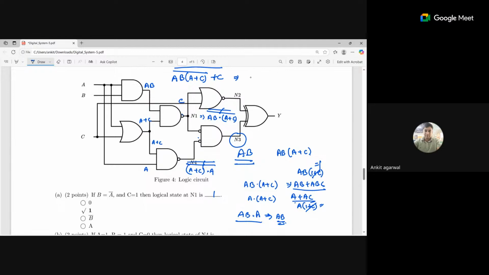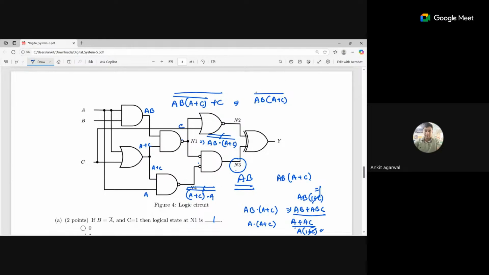De Morgan's theorem: AB, A plus C, double bar, cancel out, dot C bar. So these two cancel out, so it is AB plus ABC C bar. When I multiply C bar with this one, it is AB C bar and AB C bar. This is 0. So the answer is AB C bar for N2.